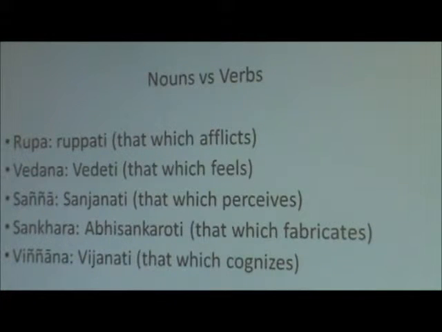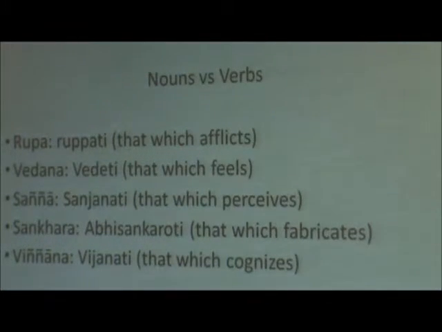The other thing I want to emphasize is that Buddha used verbs rather than nouns when he wanted to explain these aggregates. Of course, as a heuristic technique, as a way of teaching, he categorized them in 5 aggregates, 5 heaps, but he preferred to explain these things in verbs rather than nouns.